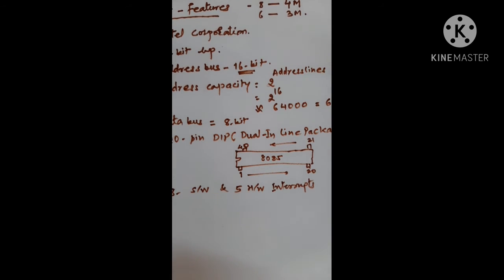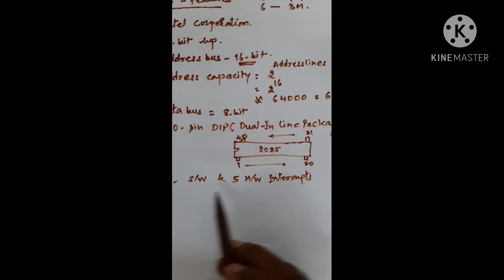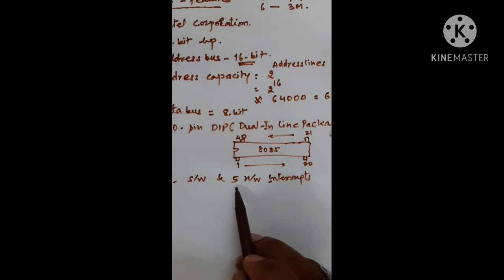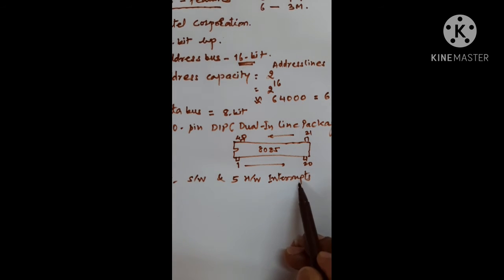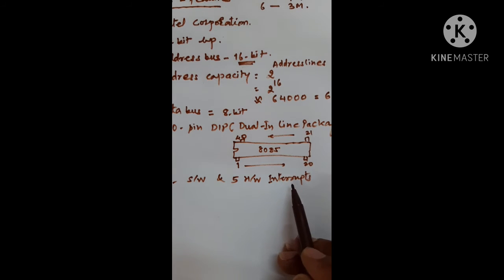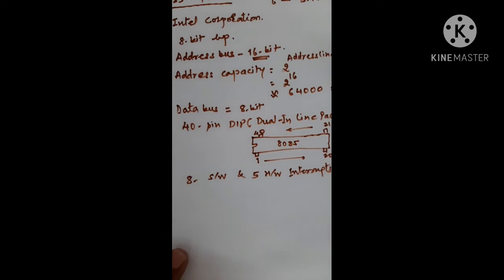This MUPI can be interrupted with software instructions, and there are 8 of these instructions, and by hardware there are 5 pins to interrupt this MUPI using hardware interrupts, 5 hardware interrupts. We are going to learn these hardware and software interrupts in detail in the next few lectures.